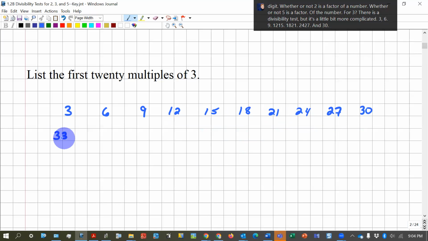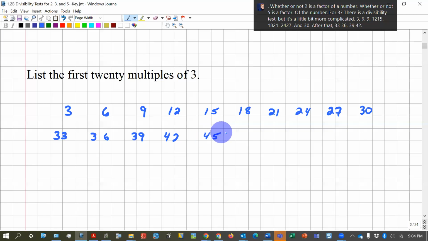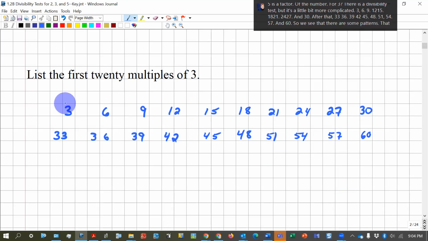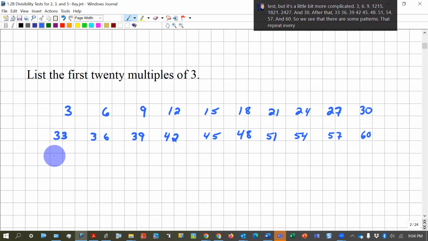After that, 33, 36, 39, 42, 45, 48, 51, 54, 57, and 60. So we see that there are some patterns that repeat every 10 multiples.